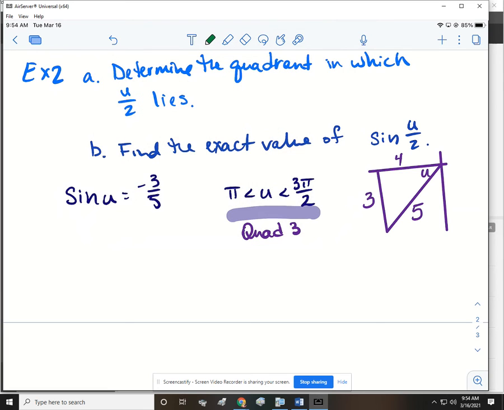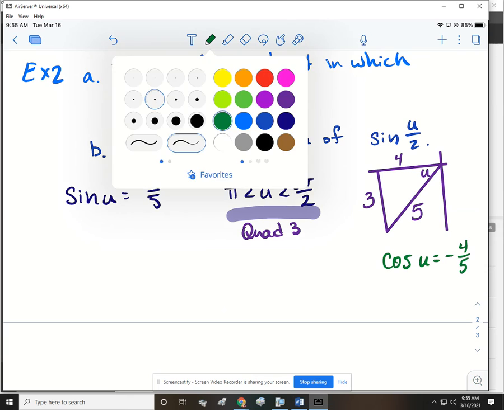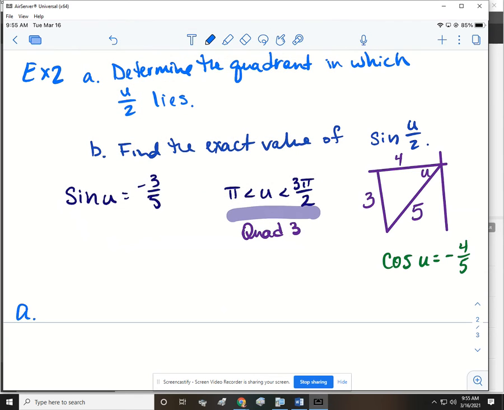Now, to use all of the half angle formulas, you need the cosine of U. Right? So in quadrant 3, cosine is negative. So cosine of U is negative 4/5. All right, so let's start answering the question. So first, we need to determine what quadrant half of U is in. So U is in quadrant 3. That doesn't mean that half of U is in quadrant 3.